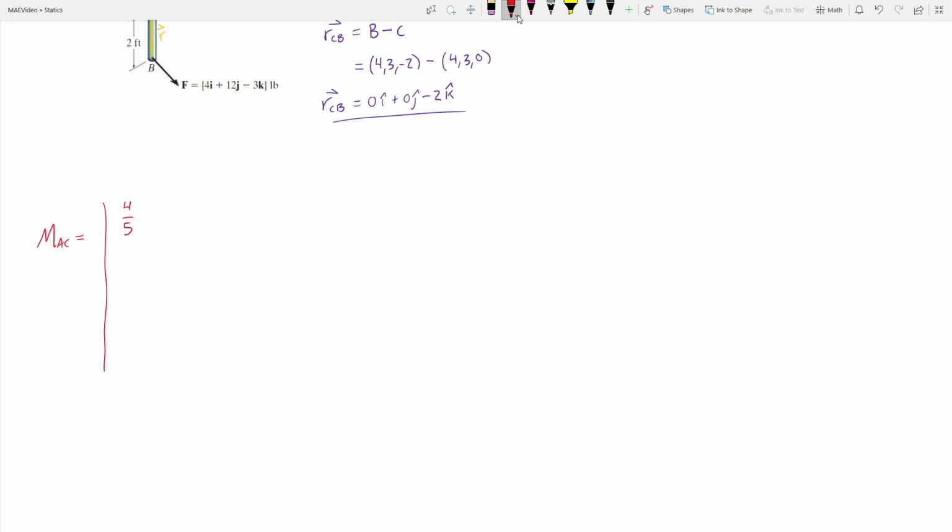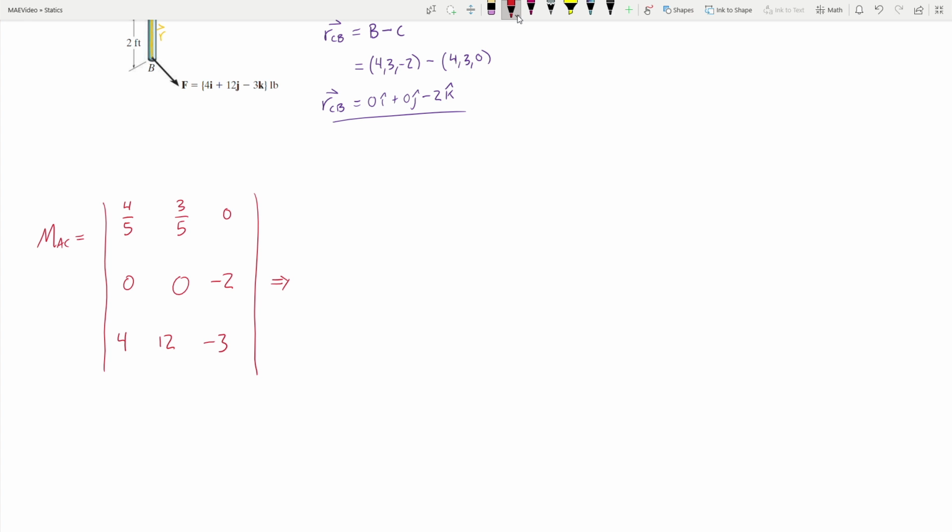Likewise, this one is 3/5. Likewise, this one is 0. And then this row here will be our R vector, which would be 0 in the I, 0 in the J, minus 2 in the K. And then our final row down here will be the force. So we have 4 in the I, 12 in the J, minus 3 in the K.